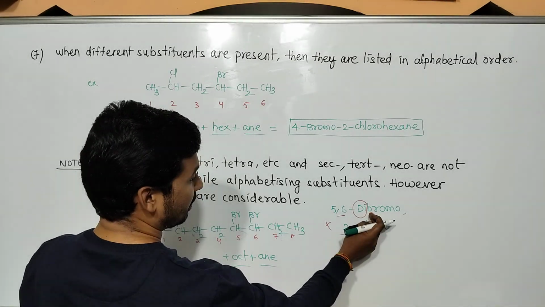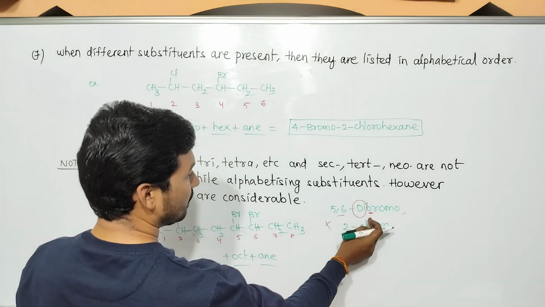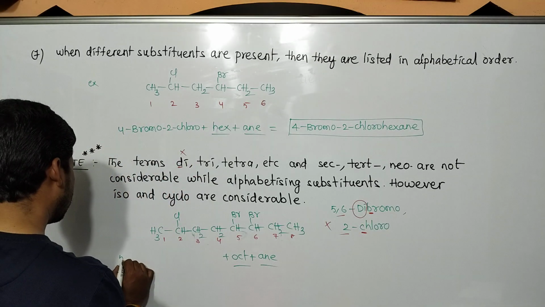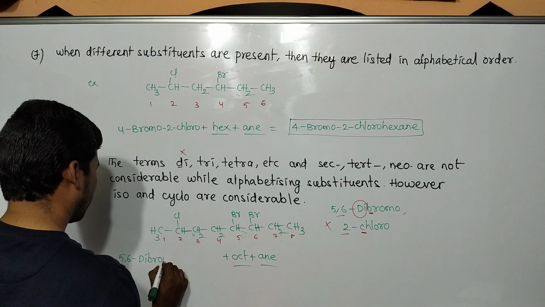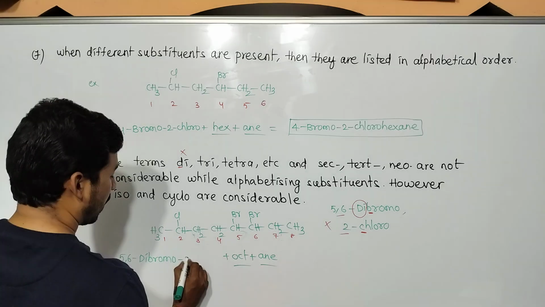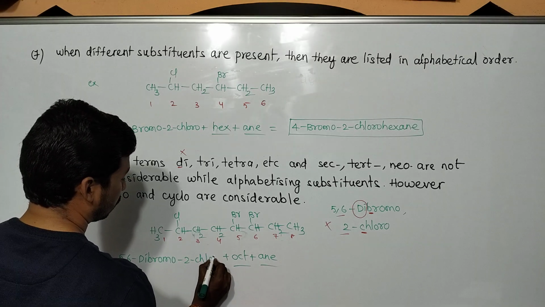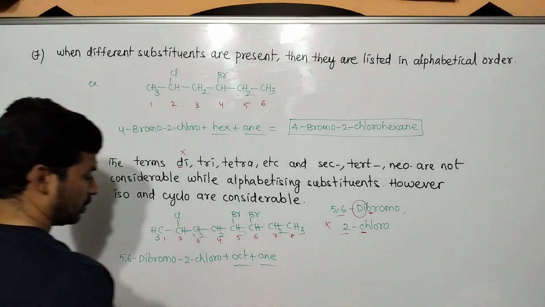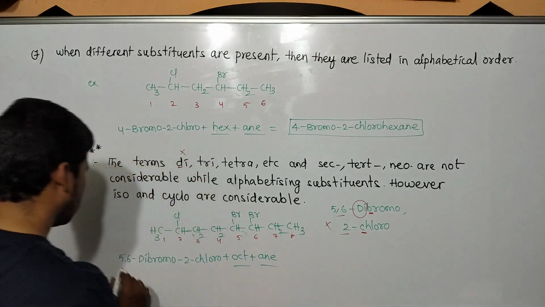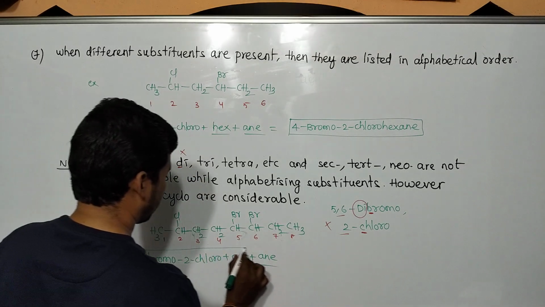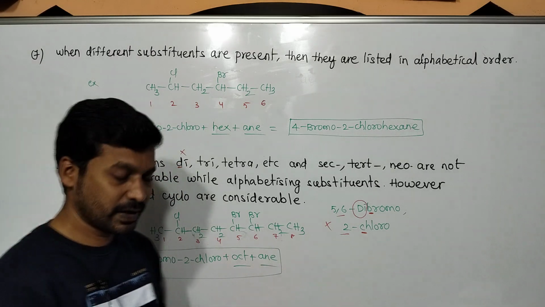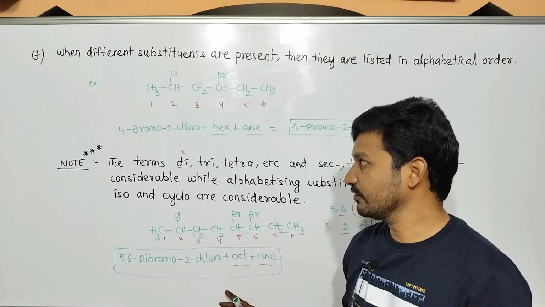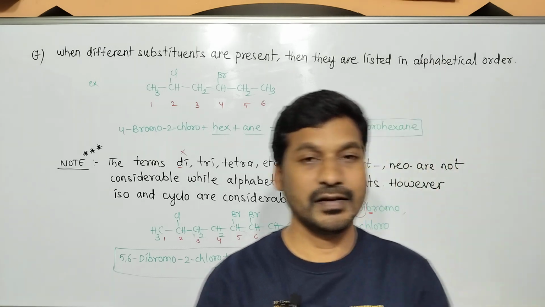Bromo comes first, between B and C, B comes first. So 5,6-dibromo and 2-chloro, 2-chlorooctane. Add all those: primary prefix, root word and primary suffix, and you get the complete name of this compound. Hope you understood well. Thank you.